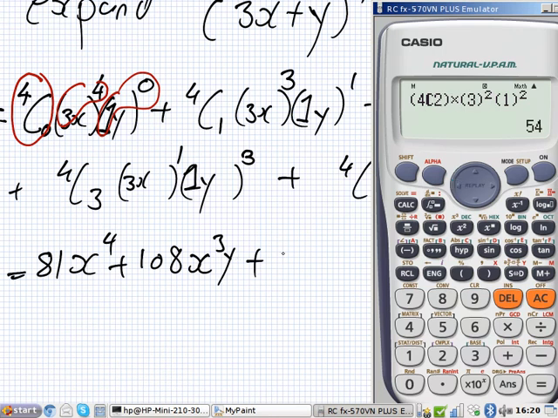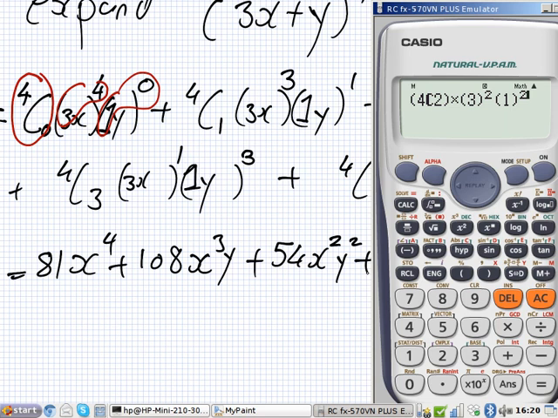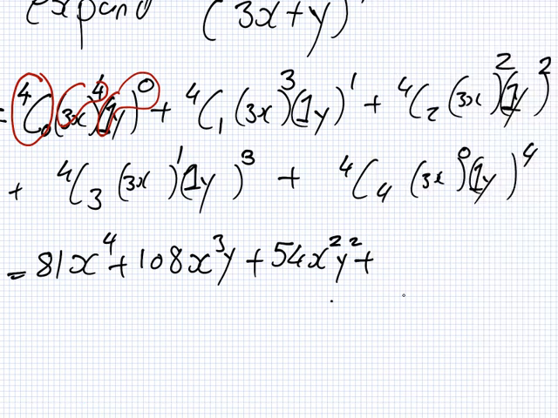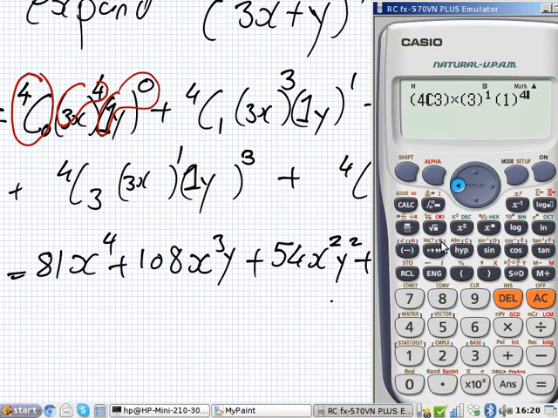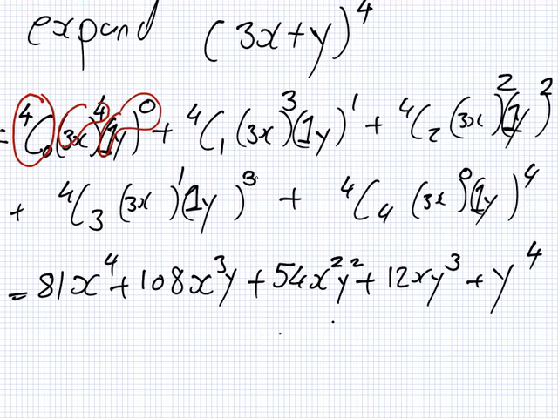So the next one is 54 x squared y squared. Plus the next one we're on to 1 now, 3, 1, 3: 12. And finally, the last one is 4C4, 3 power 0, 1 power 4. And that's the expansion of (3x + y) power 4, is all of this.